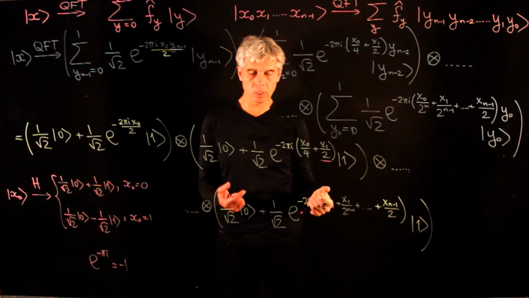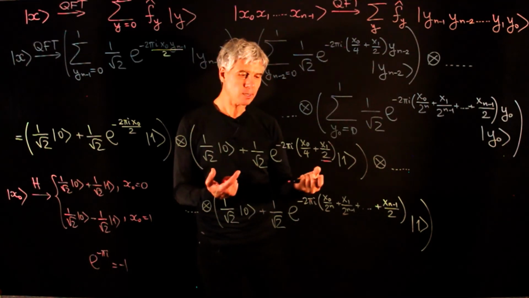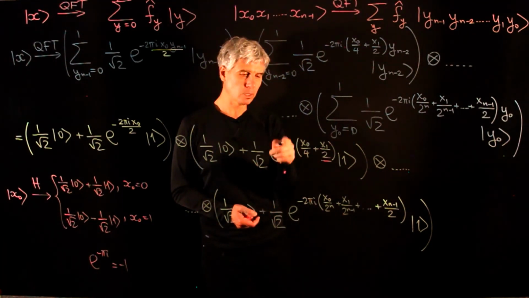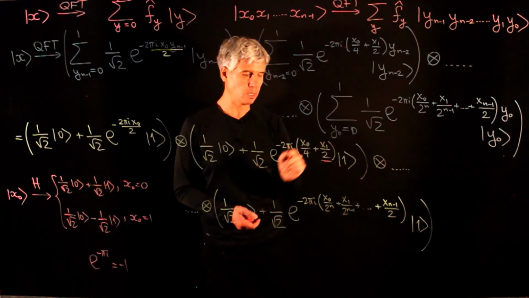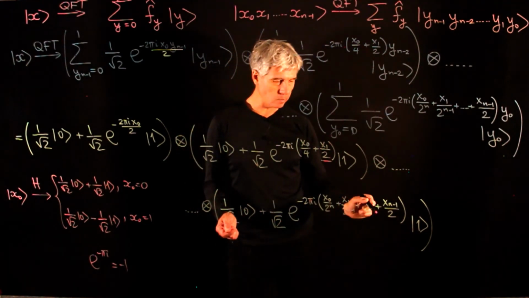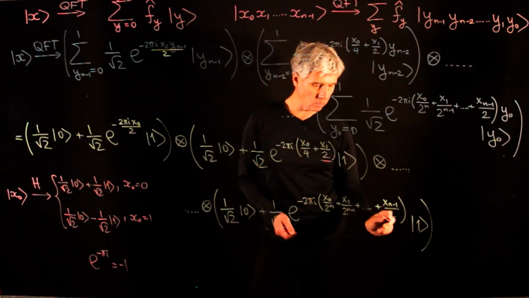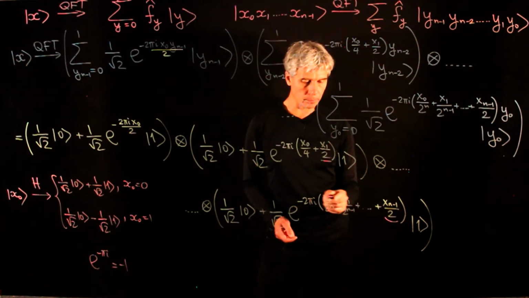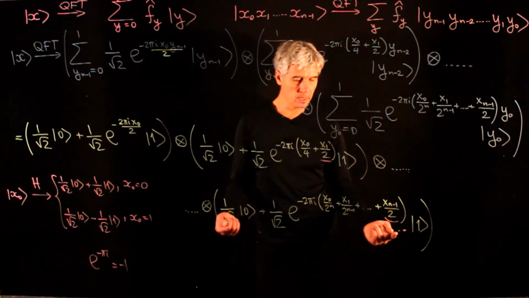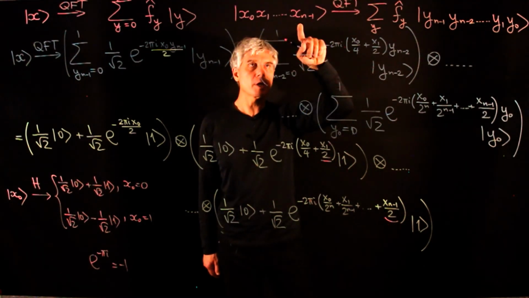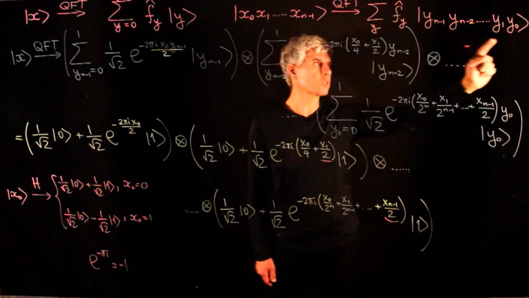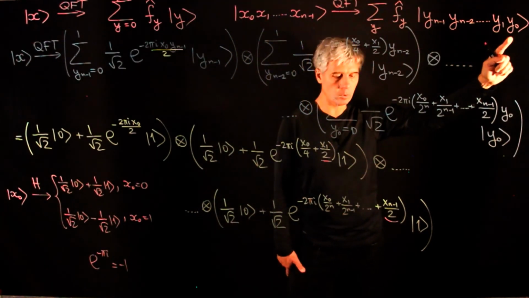So this means that we need to apply Hadamard and then do something else that will create this term here. And likewise here. If we just take only this term and drop the previous terms in this sum, this will be a Hadamard transformation acting on the xn-1 qubit and transforming it into the y0 qubit.